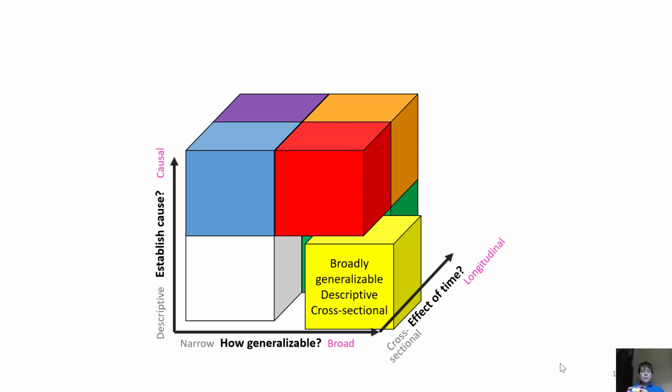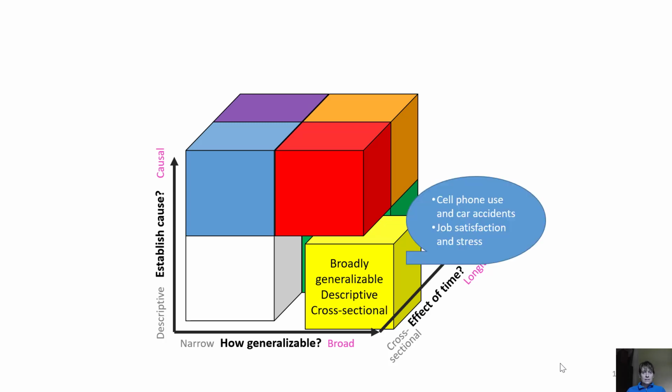Moving to the yellow cube over here, we now have broadly generalizable, descriptive, and cross-sectional research. So we might be interested in evaluating the role of cell phone use and car accidents. We aren't going to randomly assign people in a group to use your cell phone and perhaps have a car accident. That would clearly be unethical.